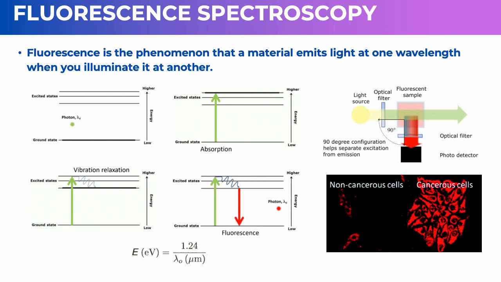As these electrons return to their original state, they release excess energy in the form of fluorescence, and this emitted light usually has a wavelength that is longer than the absorbed light.